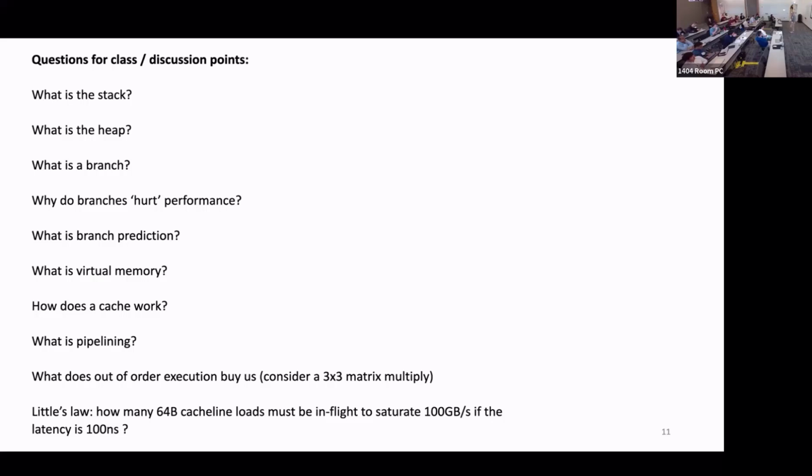So Little's law is tremendously useful for analyzing memory performance, interconnect performance, all sorts of things, wherever you have a transactional, send request, get data, send request, get data type queuing situation.